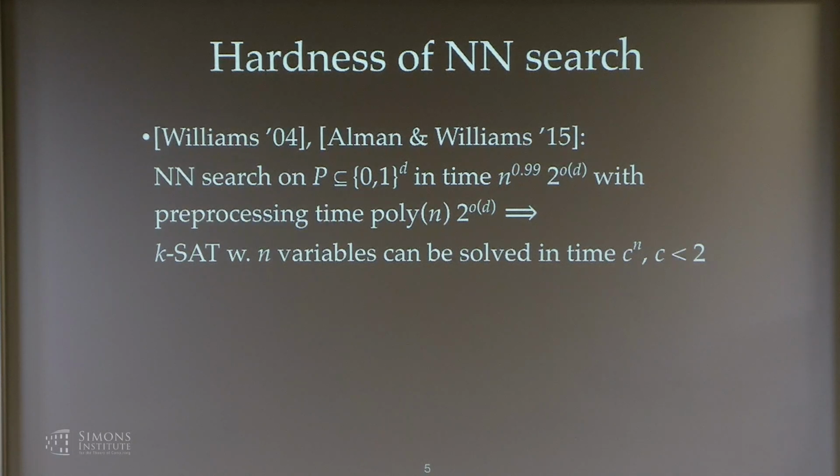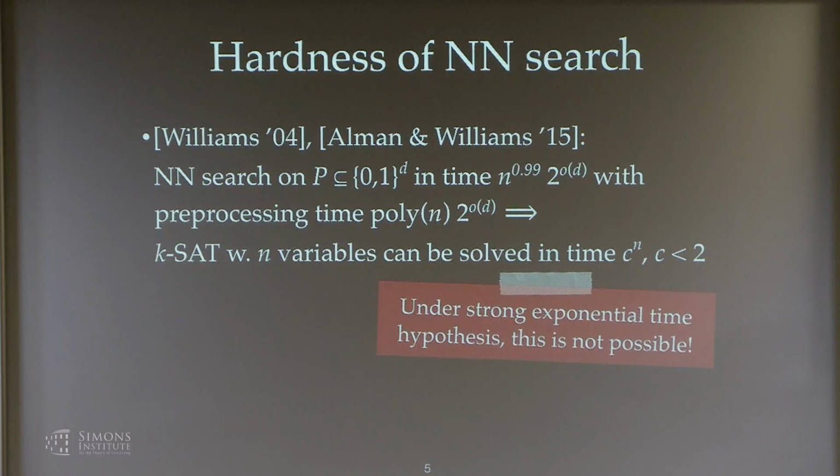If that was possible, it would have a surprising consequence, namely that k-SAT could be solved fast. And fast here would be c to the n for some c smaller than 2. This is a famous problem in exact algorithms, and there's a conjecture, the strong exponential time hypothesis, which says that this is probably not possible.